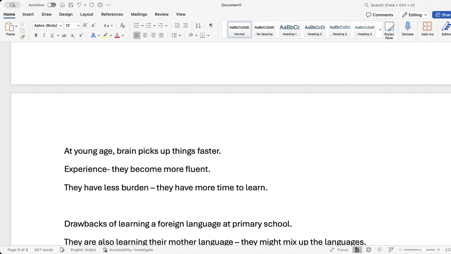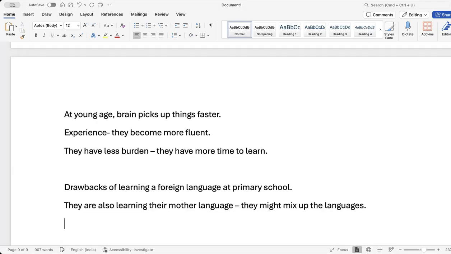Right? देखो secondary school में तो जरूरी नहीं है you're learning your mother tongue. You've already learned. Like for example, in 7th, 8th, I would have already learned Punjabi and Hindi. So when I'm learning English at that level, I won't confuse it with Punjabi and Hindi. But if you're learning all the three languages together, then you might mix up the languages and it might be more burdensome or more confusing.